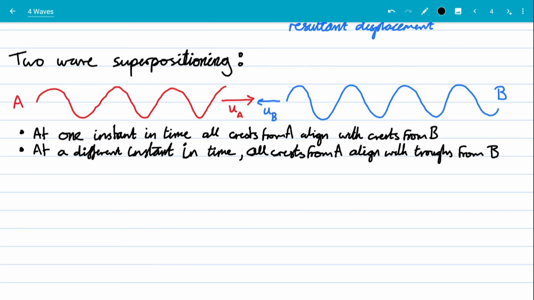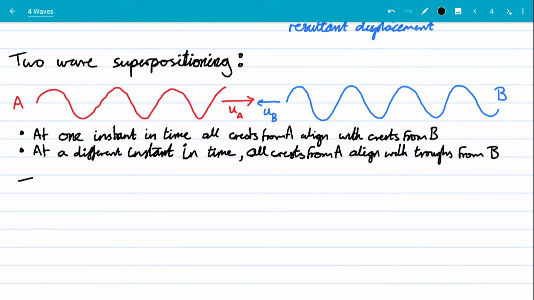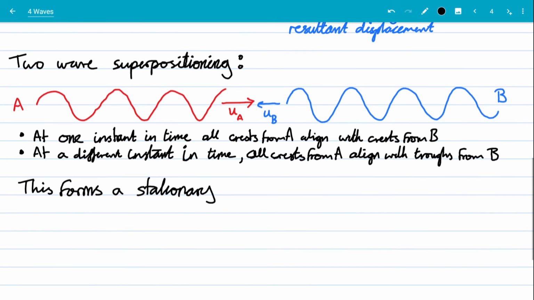So what we are describing is a stationary wave. A stationary wave is the situation we've got here. This forms a stationary wave. Next lesson we'll be talking much more about stationary waves and how superposition works for them.